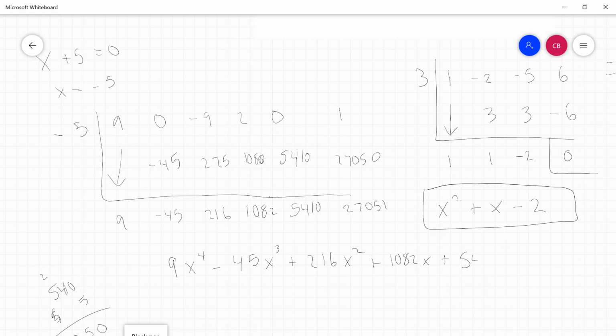Plus 5,410. Plus 27,051, divided by x plus 5.